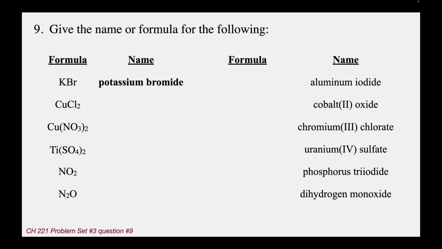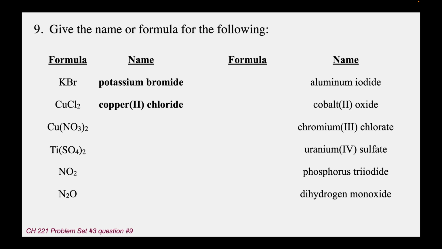And to figure out what the charge is, we use the nonmetals. So chloride, Cl, is always -1. It's group 7. 7 minus 8 is minus 1. And there's 2 minus 1 chlorides. So that's going to be a positive 2 copper. So we would write this next one as copper 2 chloride. Copper 2 comes from the fact that it's a positive 2 copper, and chloride is negative 1.